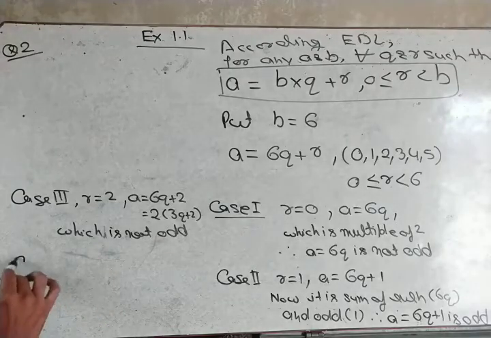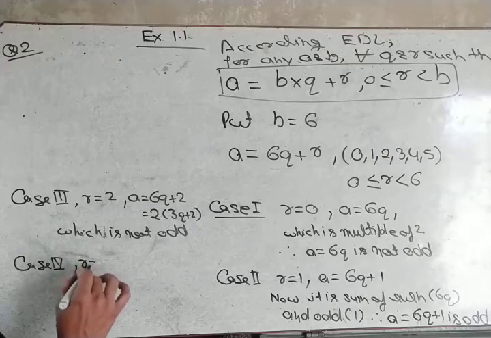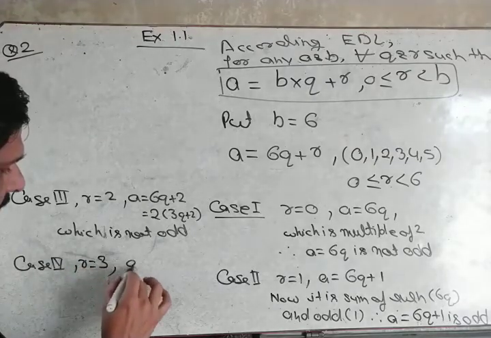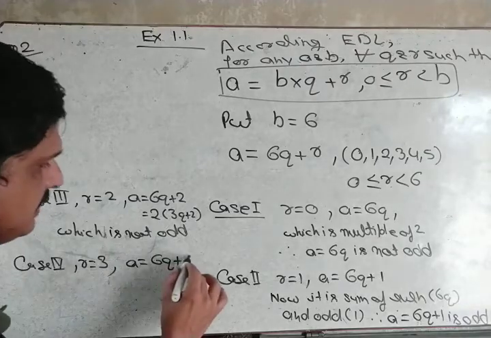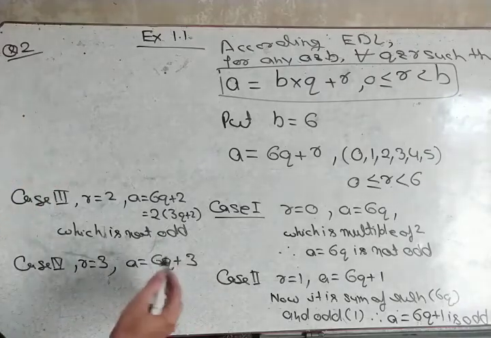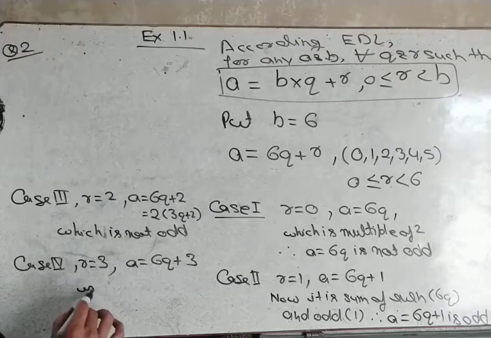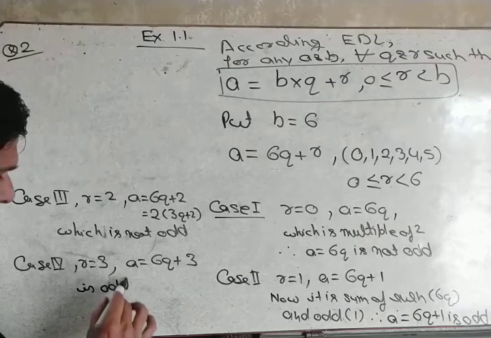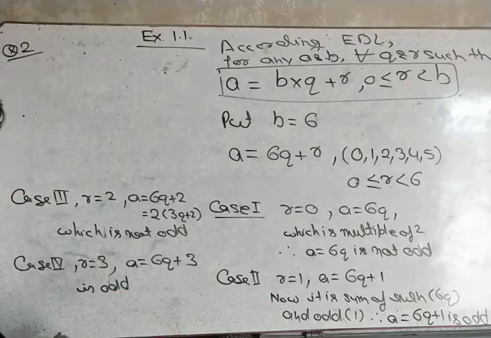Case 4: when r is equal to 3, a is equal to 6q plus 3. Again, it is a sum of odd and even, therefore it is an odd number.